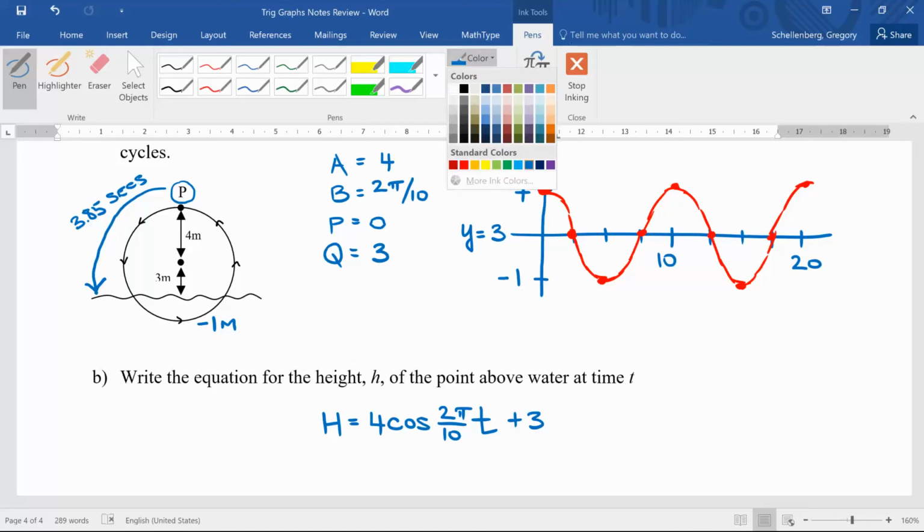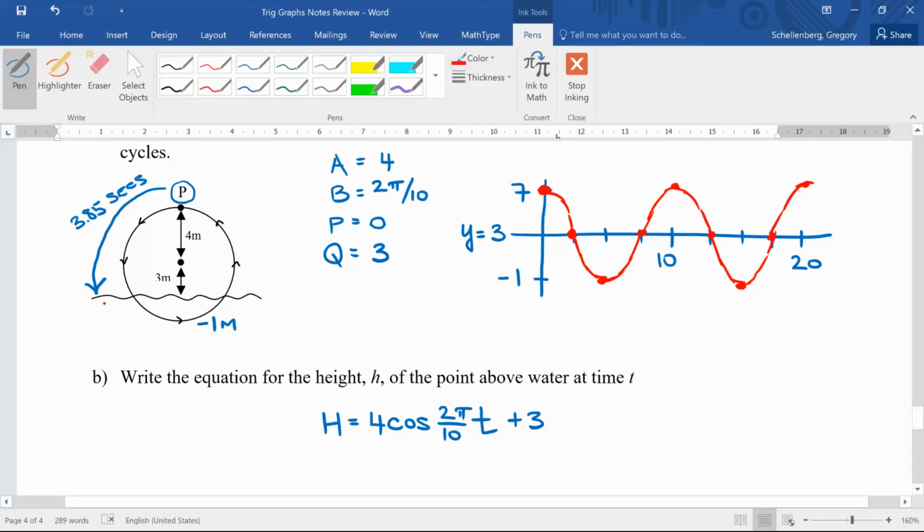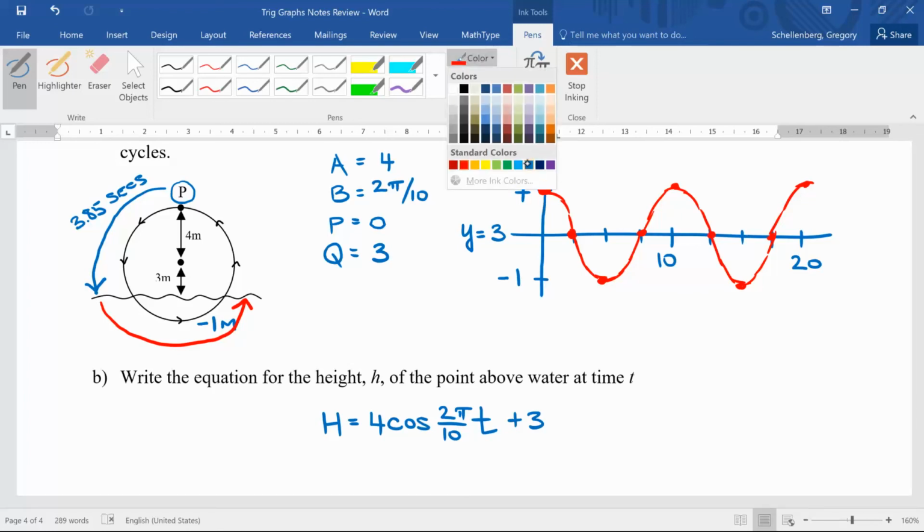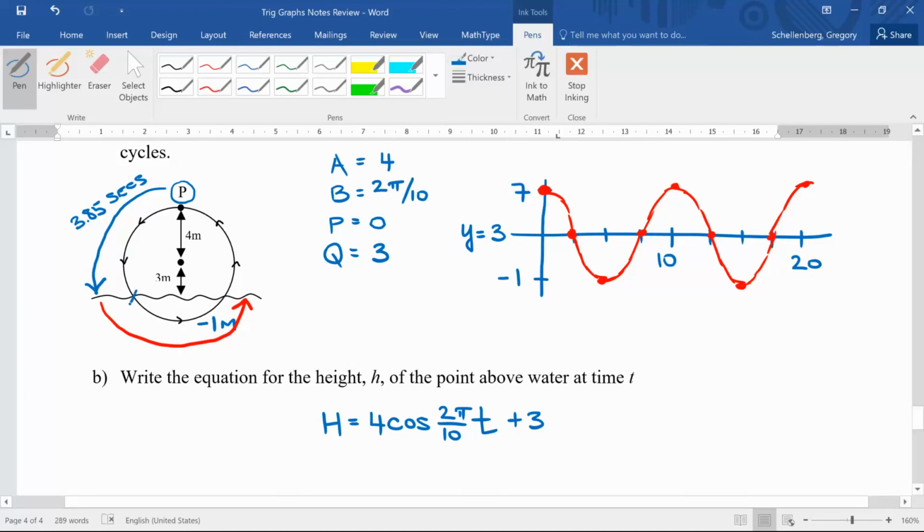Now, what we're looking for here is this. How much time is point P underwater? Okay, and that's what I've done in red. So it enters the water at 3.85 seconds. At what time does it exit the water?